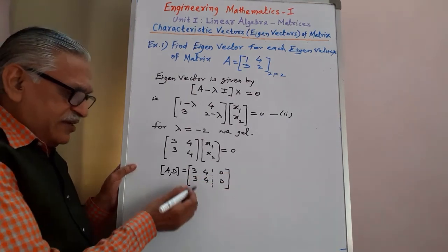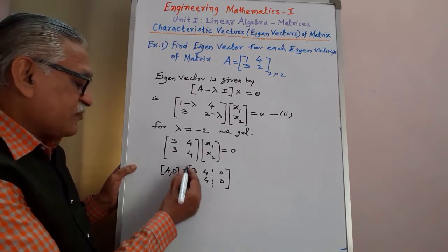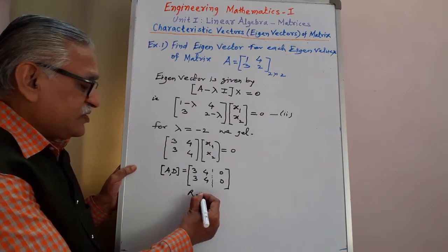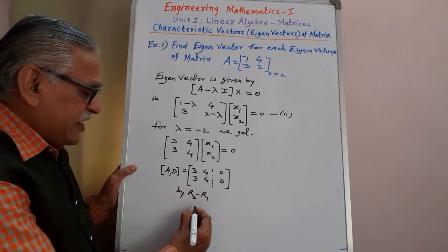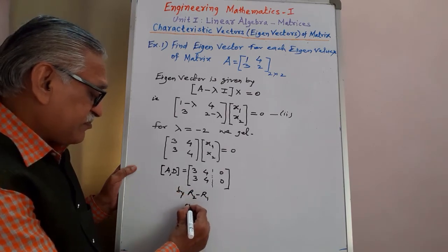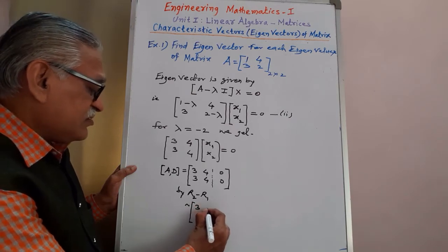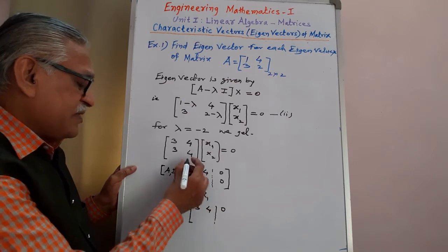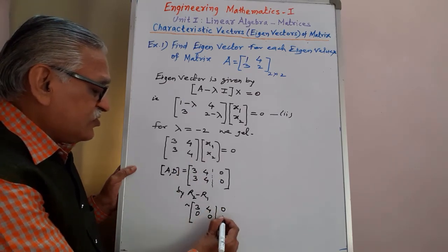Okay, and then converting this matrix to its canonical form, subtracting the first row from the second row by R2 minus R1, we get that as 3 4 0, 3 minus 3 we get 0, 4 minus 4 we get 0.